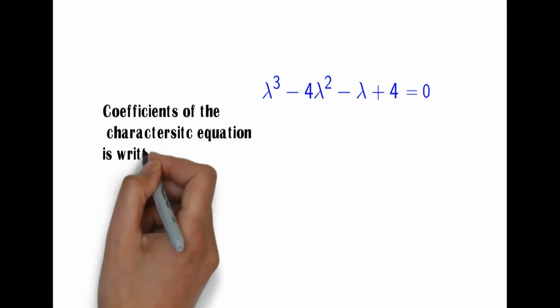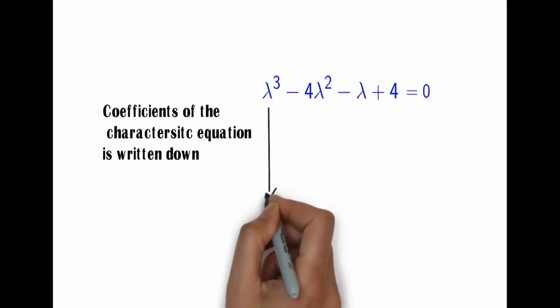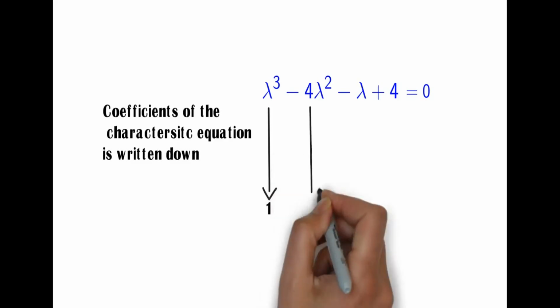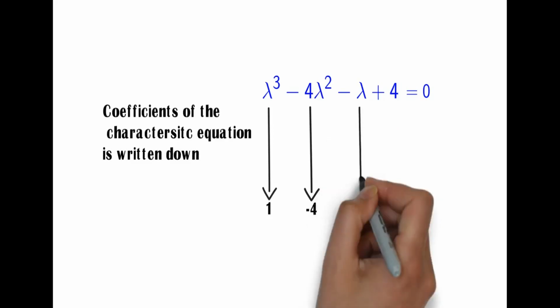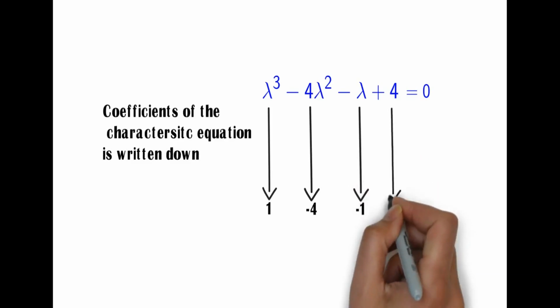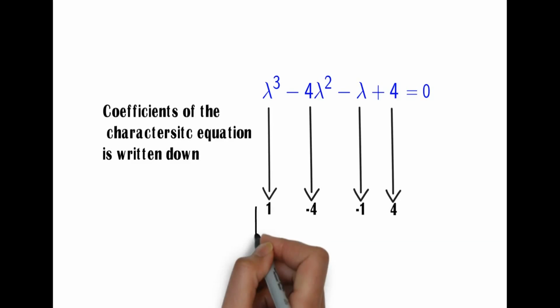Coefficients of the characteristic equation are written down. Coefficient of lambda cube is 1. Coefficient of lambda square is minus 4. Coefficient of lambda is minus 1. Plus 4.